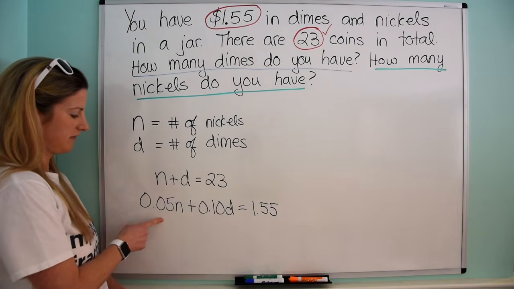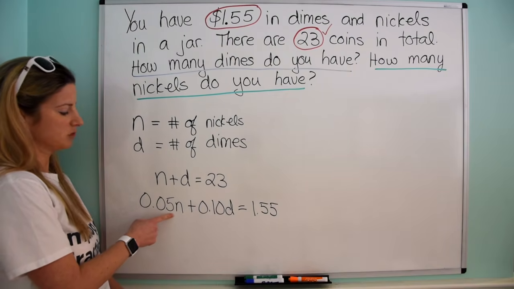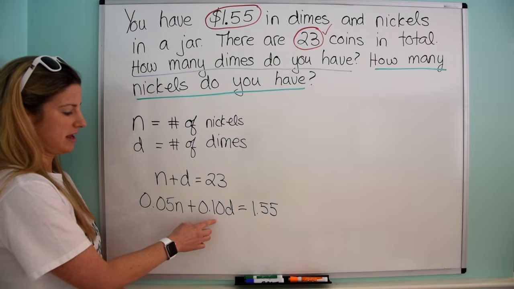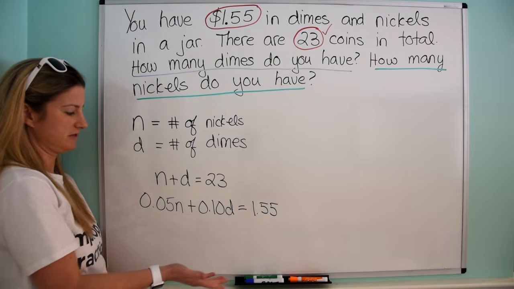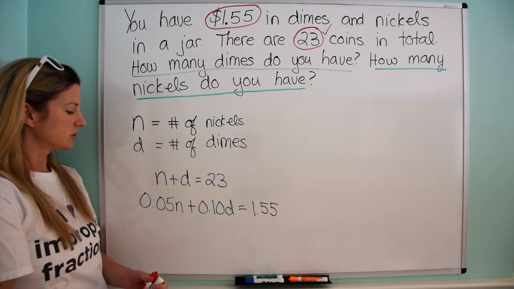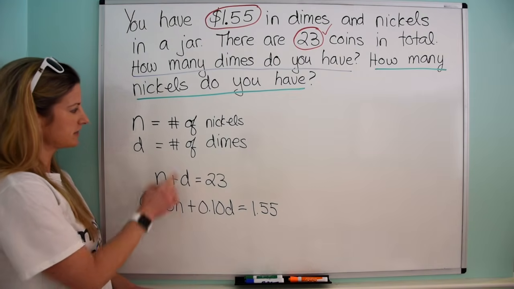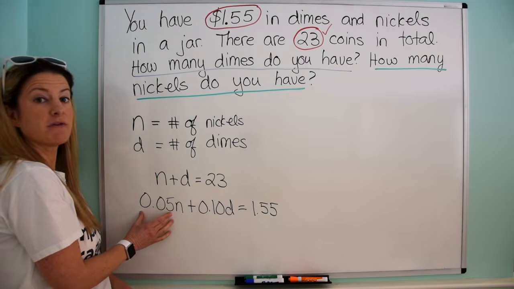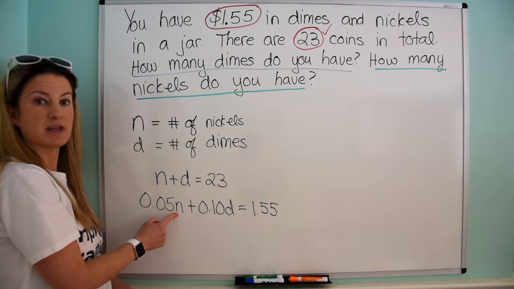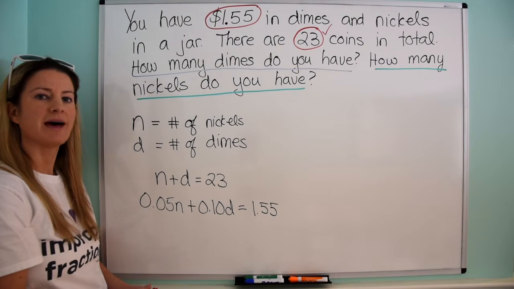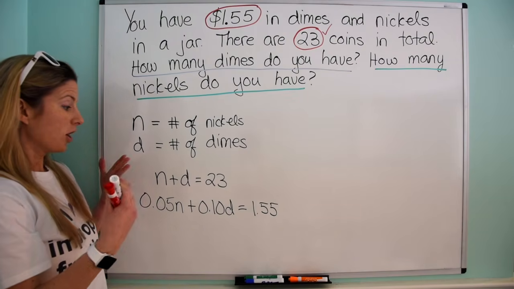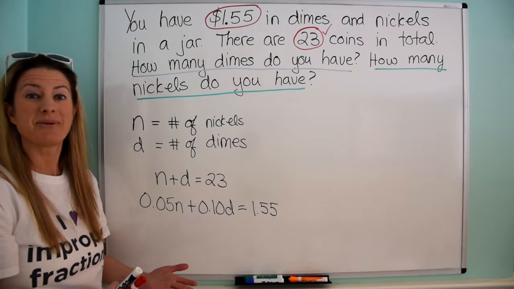Because each nickel's 5 cents, so for example, if I have 20 of them, I know I have $1, and each dime is 10 cents, so I know if I have 10 of them, I have $1, for example, okay? So what you're placing in front of the number of nickels is just the value of the nickel times the number that you have. The value of the dime times the number that you have, okay? There you go, and this is cake now, okay?